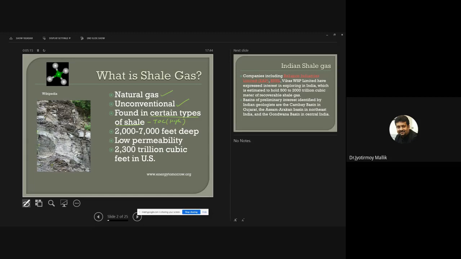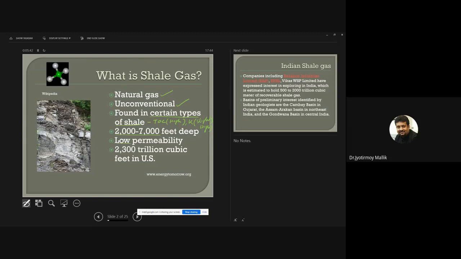And the second thing is, it has slightly higher permeability. Generally, we find them in 2000 to 7000 deep reservoirs.